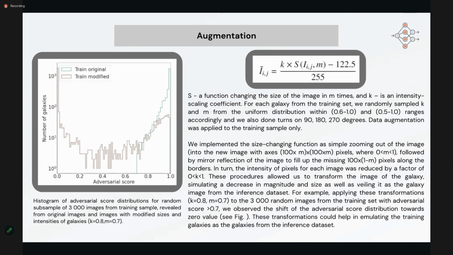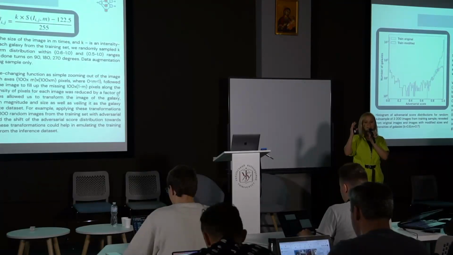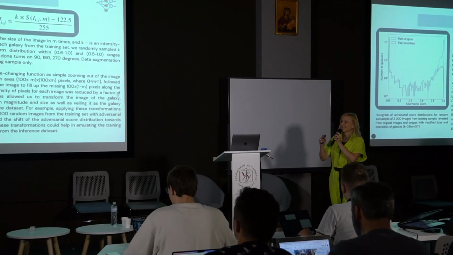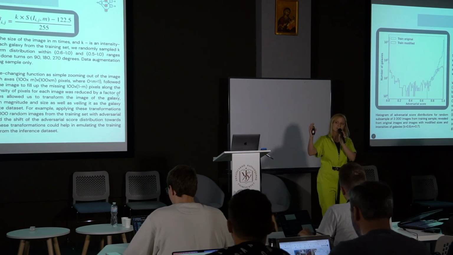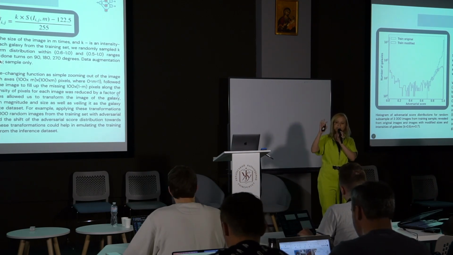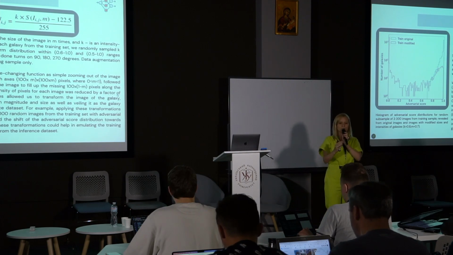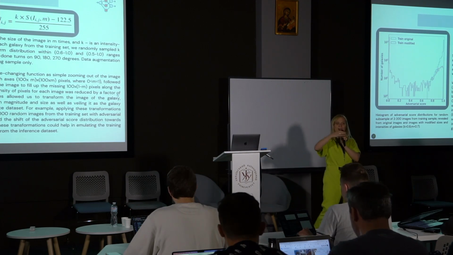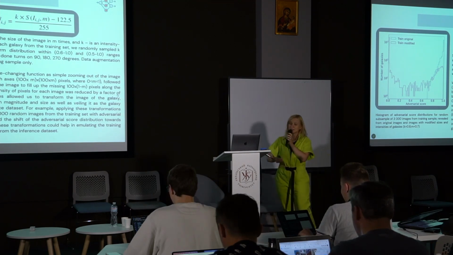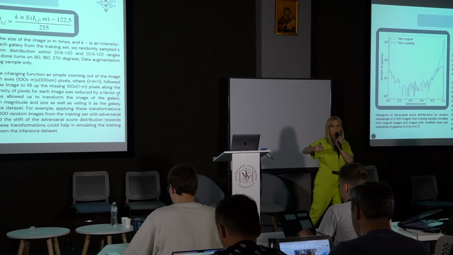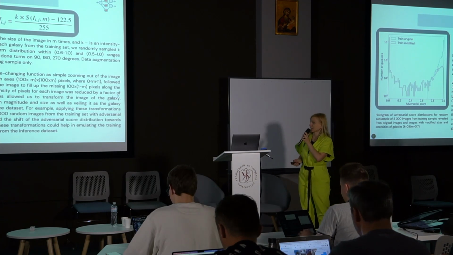We have one image of a galaxy and augmentation helps to make, for example, smaller images, bigger images, different light of images, some manipulation so that from one image you make a lot. And with the help of this augmentation procedure, we increased our training sample and worked with this.